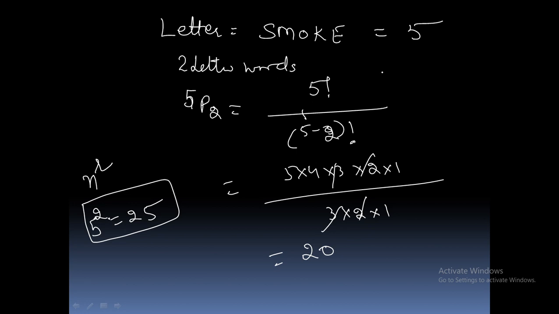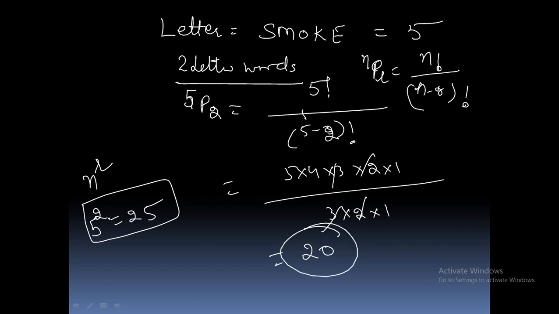But if you want to find without repetition, then you can use this formula, nPr is equal to n factorial over (n minus r) factorial. Here we form 2 letter words. 5P2 is 5 factorial over (5 minus 2) factorial. When we solve it, we find 20. And when we find with repetition, we use 5 raised to power 2, that is 25, is the answer.